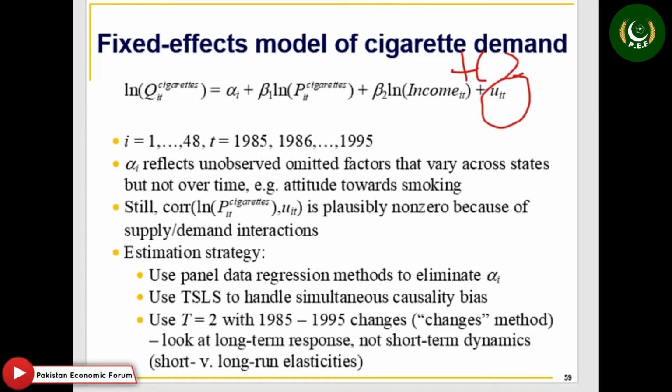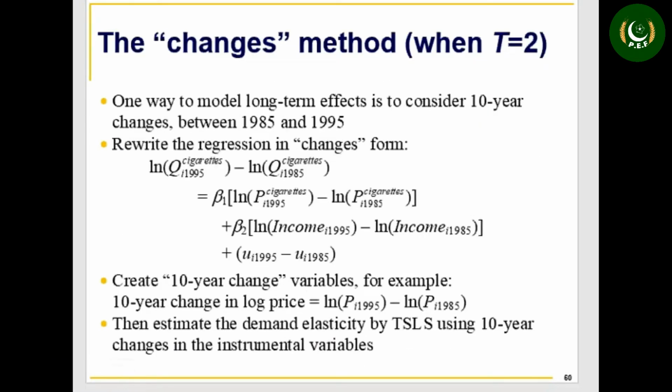For example, cigarette producing states and regions have taxes and culture different from others. So when we take a two time period difference, those omitted variables on which we don't have data, or which remain constant over time, their effect will be eliminated. I will explain this in the workshop.